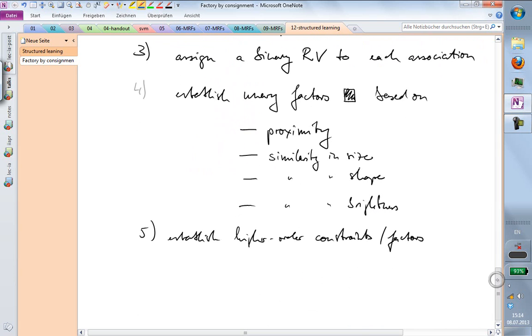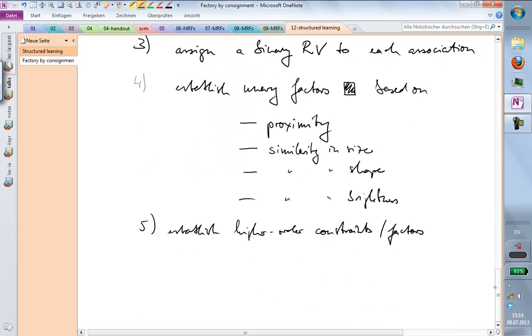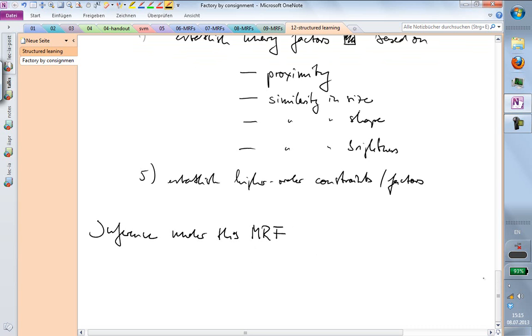Okay, so we have this graphical model, and we know how to optimize this. It is an undirected graphical model, because not everything is connected to everything.